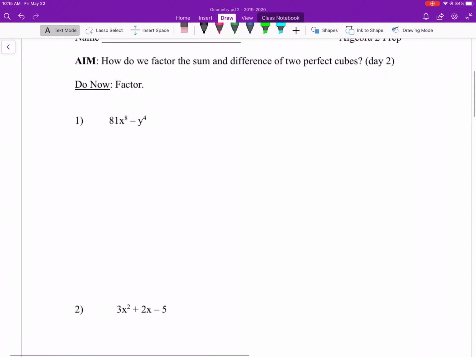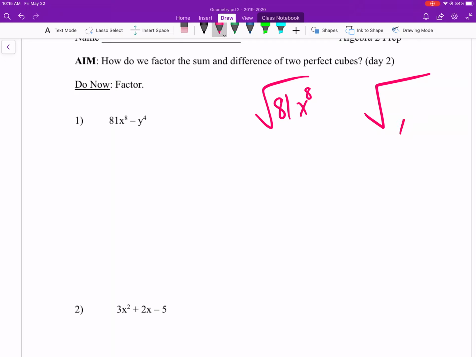So we need to take the square root of 81x to the 8th power and the square root of y to the 4th power. What times itself gives you 81x to the 8th? What times itself gives you 81? That'd be 9. And what times itself gives you x to the 8th power? That'd be x to the 4th power.